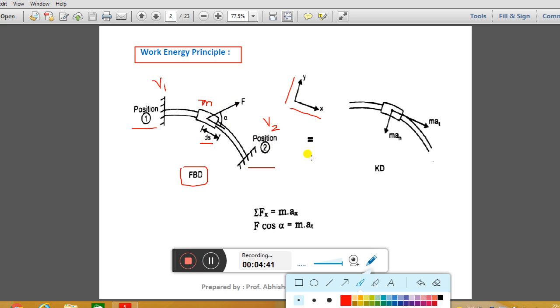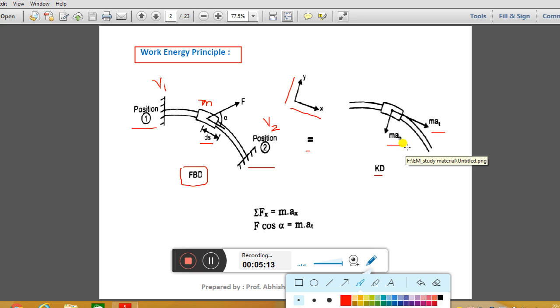So let us draw the equivalent kinetic diagram. A kinetic diagram is a diagram which shows the ma vector, and a free body diagram is a diagram which shows all the forces acting on the system. In the kinetic diagram, there are two components of acceleration: the normal component, denoted by an, and the tangential component, denoted by at.